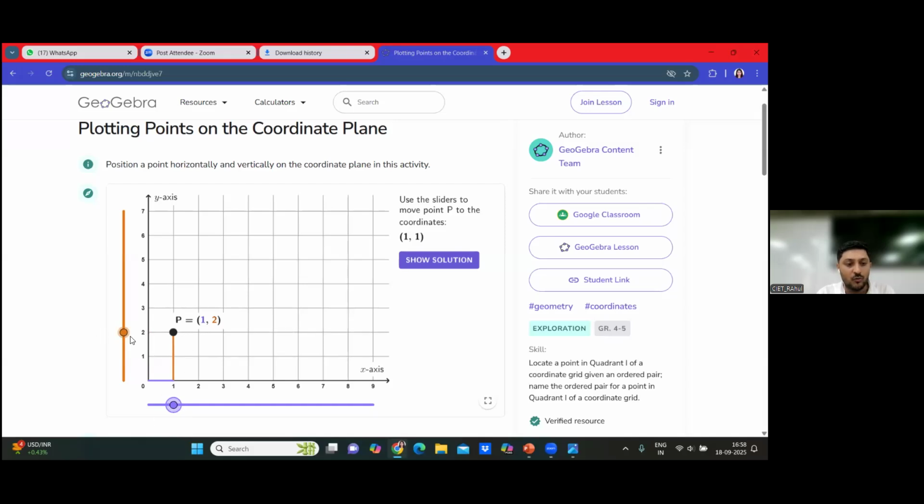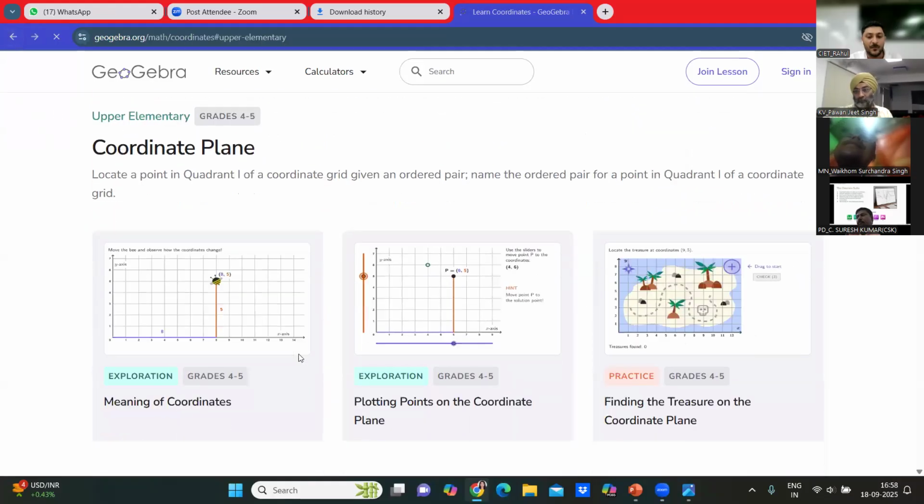When it is on the ground, coordinates are 0, 0. But when we move, coordinates are changing: 0, 1; 1, 1; 2, 1. This can help students to play and learn mathematics.